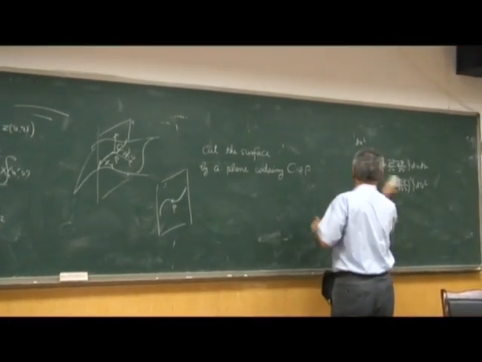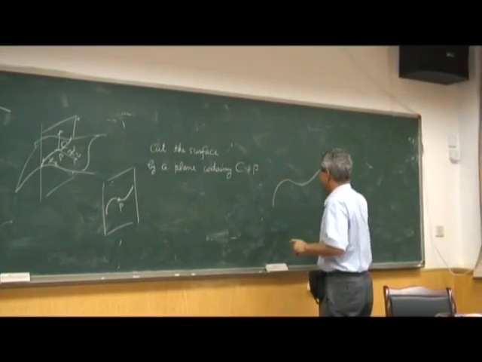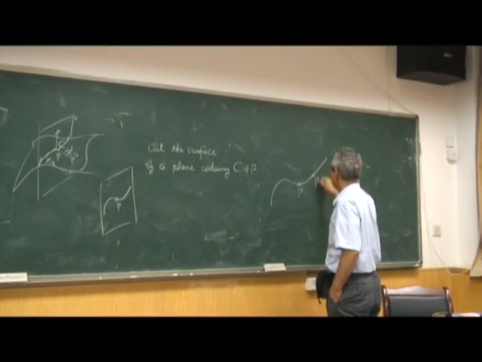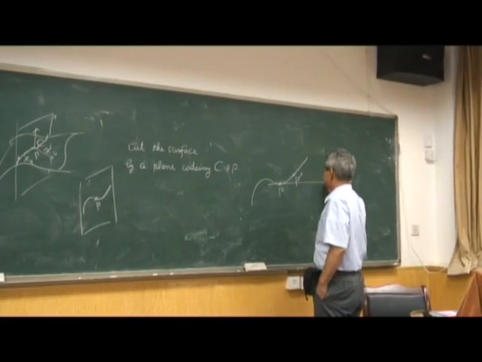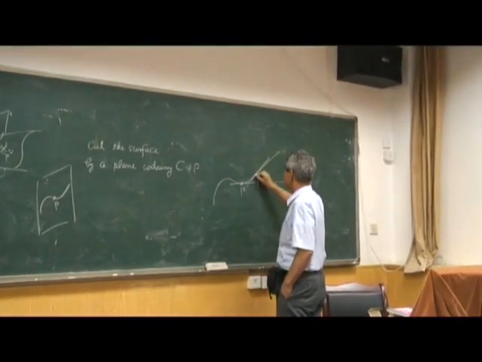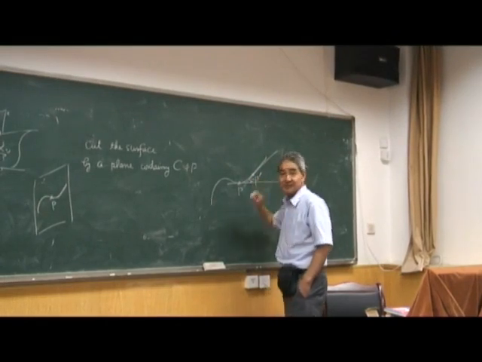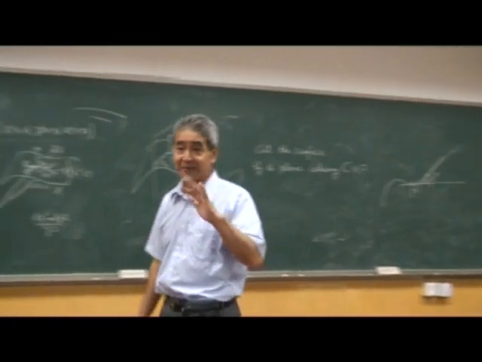What is the curvature? Just come back to the plane, and the curve in the plane, and you have a point P, and a nearby point P prime. You take a tangent line here, and you take a tangent line here, and at P. So there is some small difference of the angles.